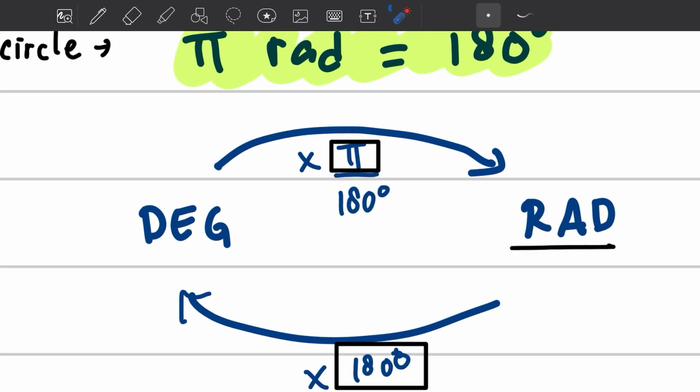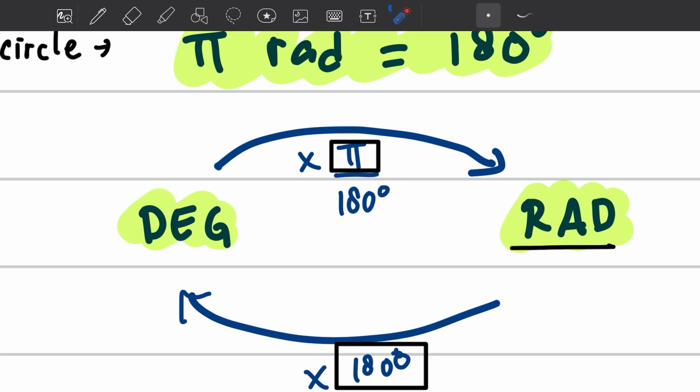So, if I want to convert from degree to radian, you multiply by pi over 180 degrees. On the other hand, when we want to convert radian to degree, we multiply by 180 degrees over pi.